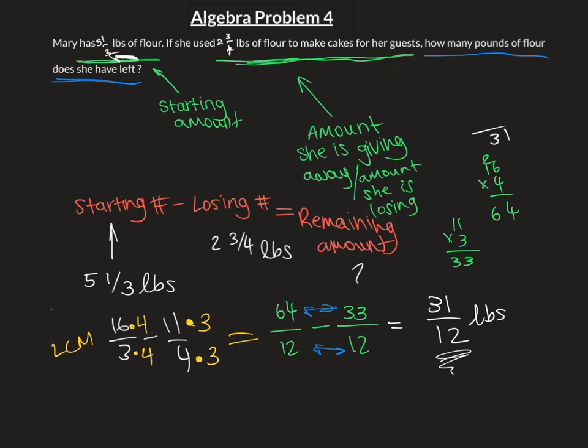What you have to do is, let's just write it out. 31 divided by 12. Now you have to find how many times 12 goes into 31. Now, what's 12 times 2?